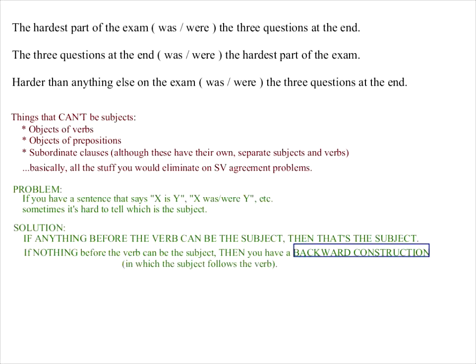An easier example of a backward construction is if I tell you something like, on the table, let's say we got something like this, is or are 2 cell phones. Okay, everybody indicate in the text box whether this is or whether it's are.